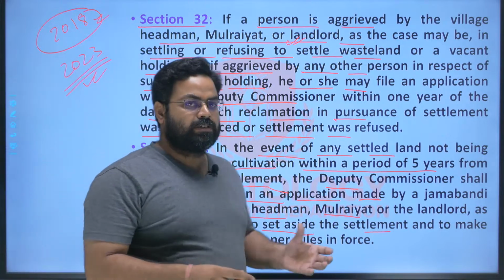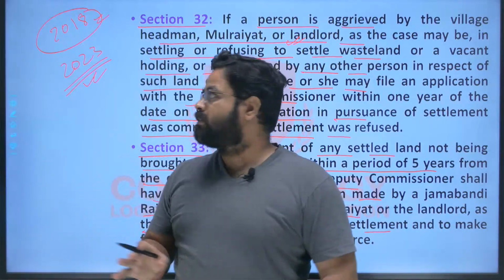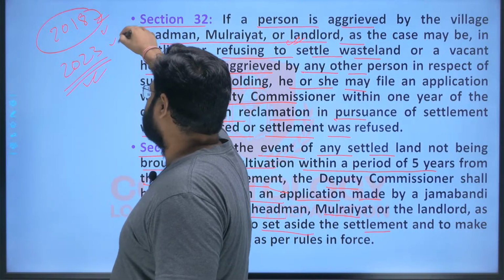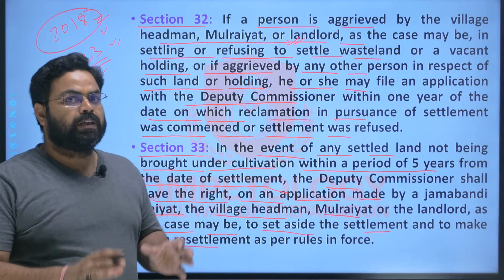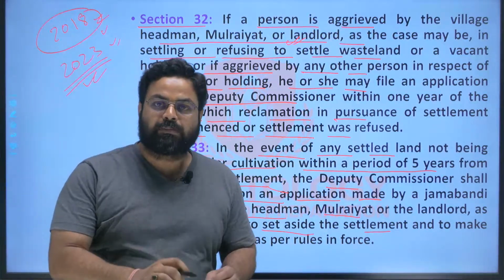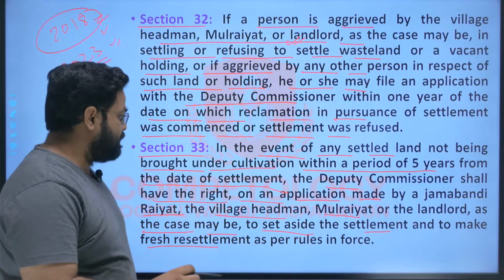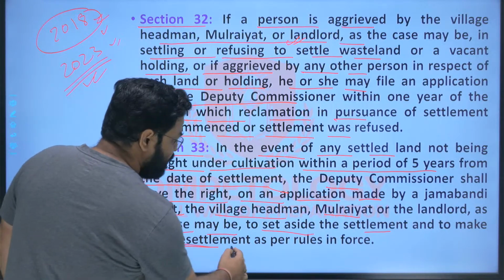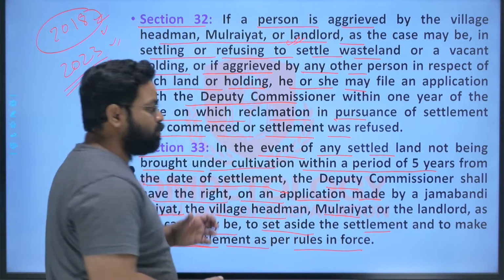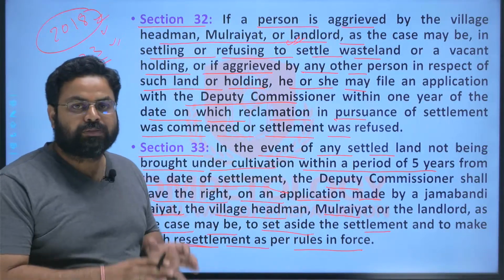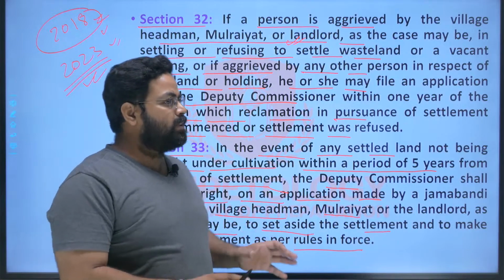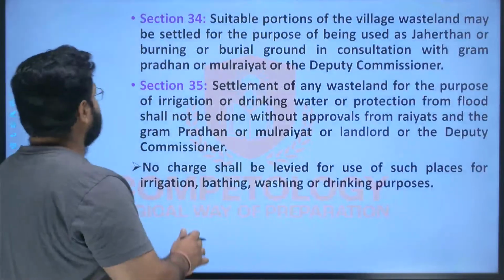Then in such cases, already 5 years have lapsed from 2018 to 2023, so in such a case this settlement will be pronounced null and void, it will be set aside, and the DC has the power to make fresh settlement as per the rules of this act or as per the local customary rules of Santhal Pargana, right? So this is again section 33.